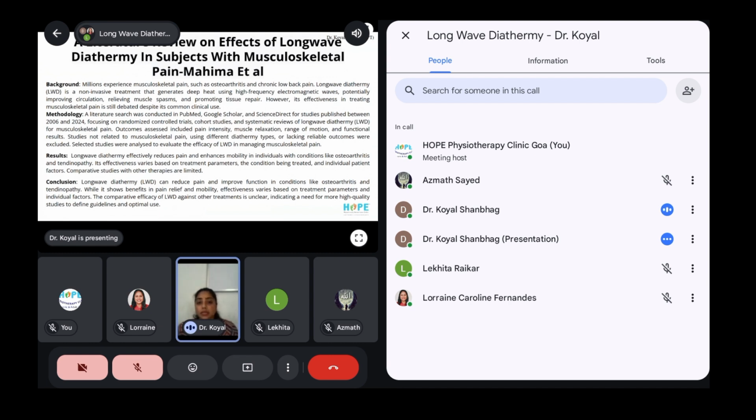The outcomes assessed were pain intensity, muscle relaxation, range of motion, and functional results. Studies not related to musculoskeletal pain or using different diathermy types were excluded.